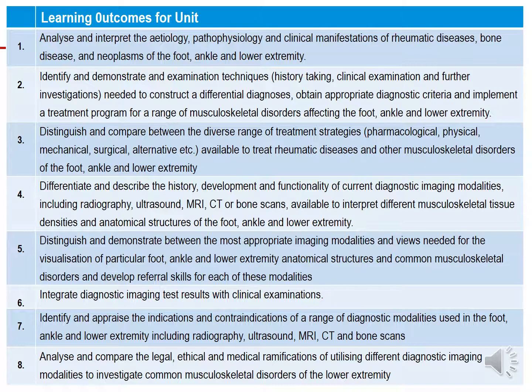Learning outcome 5, you need to be able to distinguish and demonstrate between the most appropriate imaging modalities and views needed for visualization of particular foot, ankle, and lower extremity anatomical structures and common musculoskeletal disorders, and develop referral skills for each of these modalities. So what we're saying here is that each of the imaging modalities, for example, X-rays, are very good to really show you structure and bone.